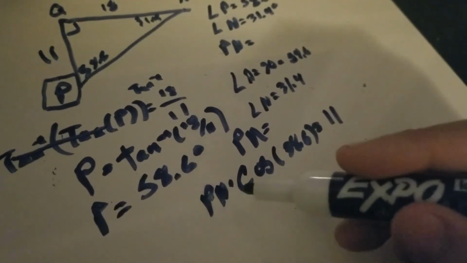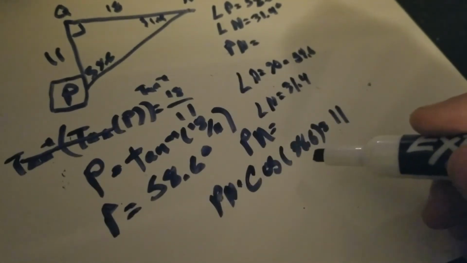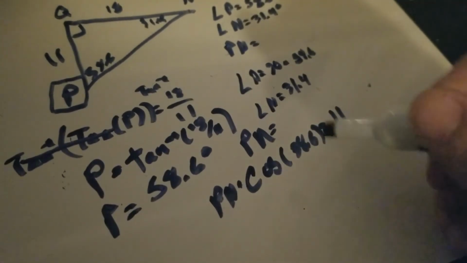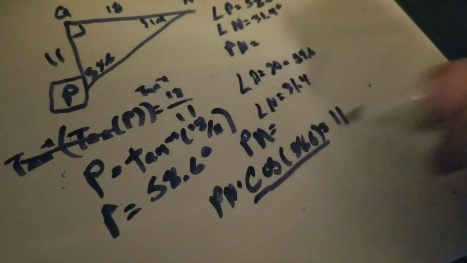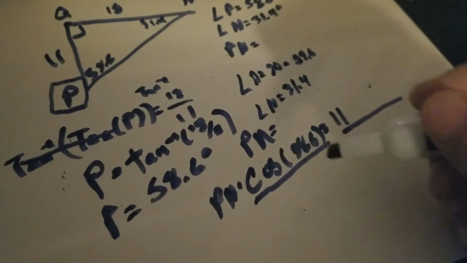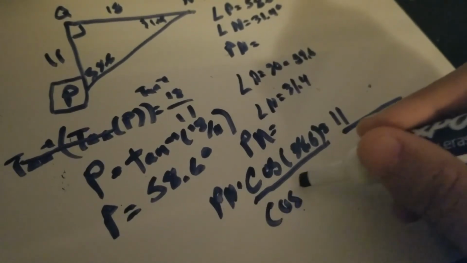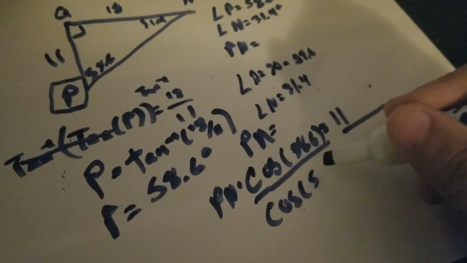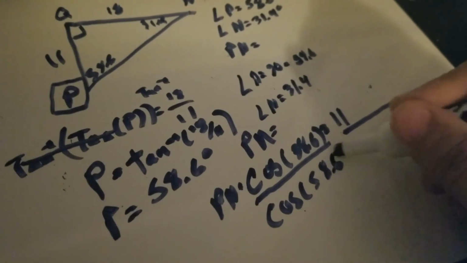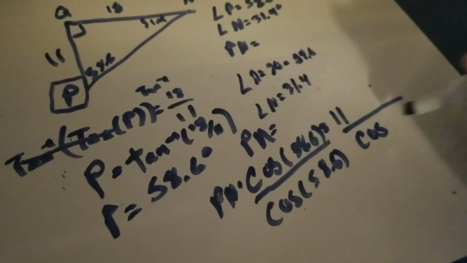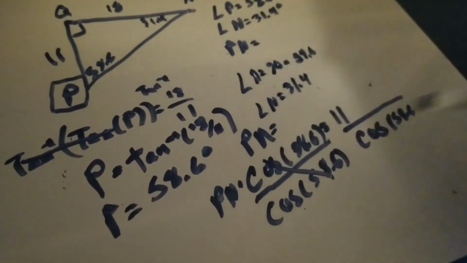But now I have PN times cosine of 58.6, and that doesn't make me happy because I want PN completely by itself. So I'm going to divide on both sides by cosine 58.6. Make sure you're dividing by cosine 58.6. All right, cross that out.